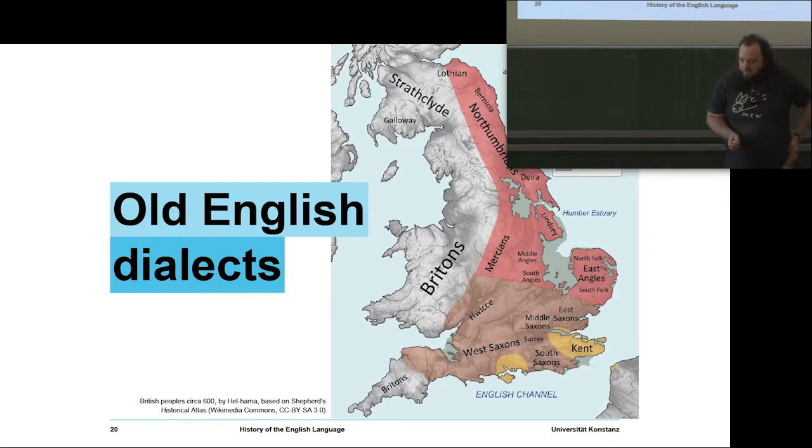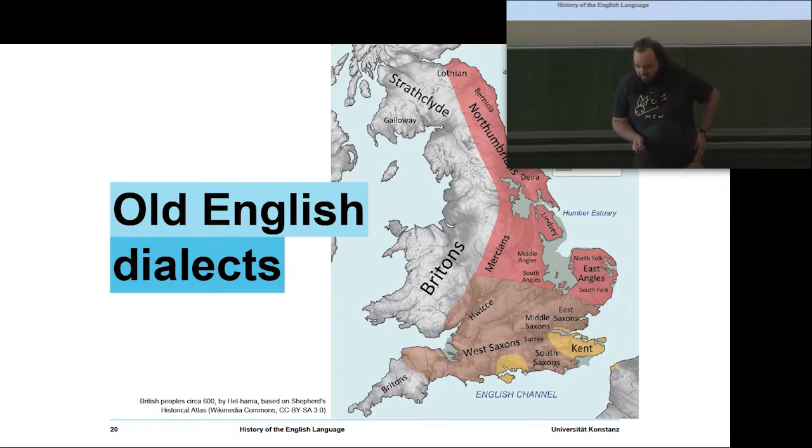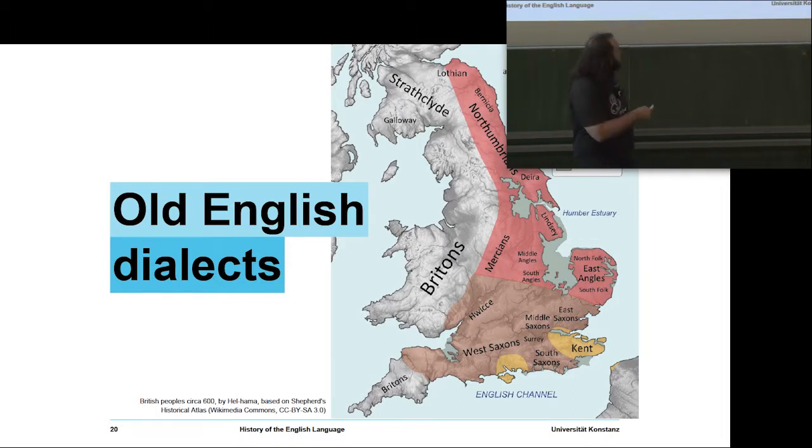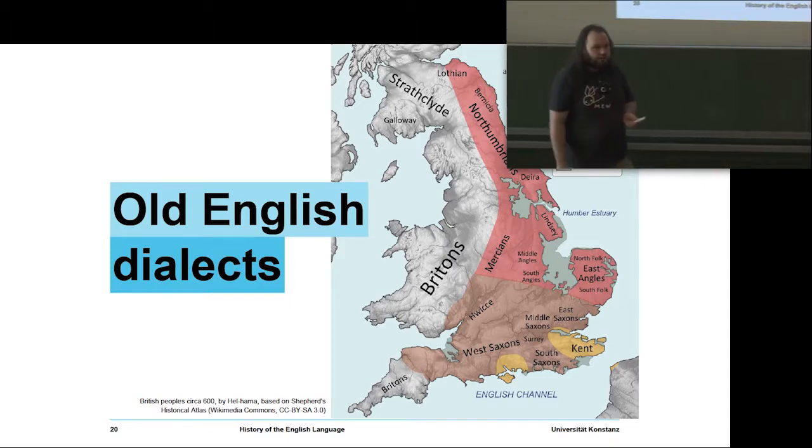Finally then, and quite briefly, the dialects of Old English. Now here I've given you a map of England in around 600. So in around 600 these are the tribes that settled, right?